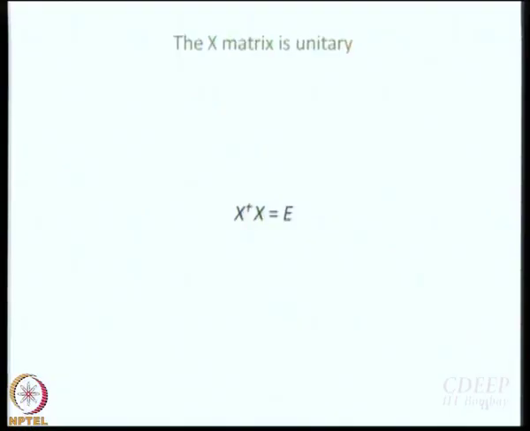Okay. Now this is something that I leave to you, it is not very difficult. I want you to figure out, convince yourself that that big X matrix is unitary. What is the X matrix?